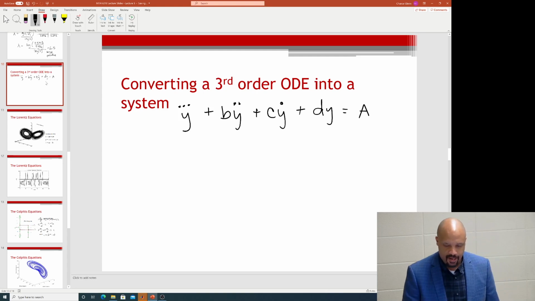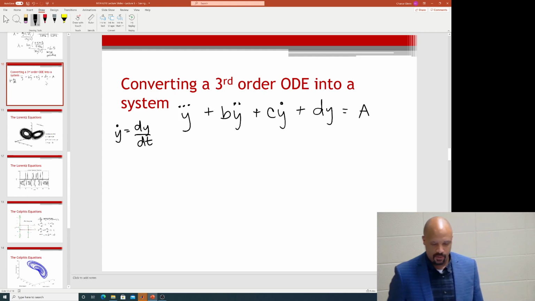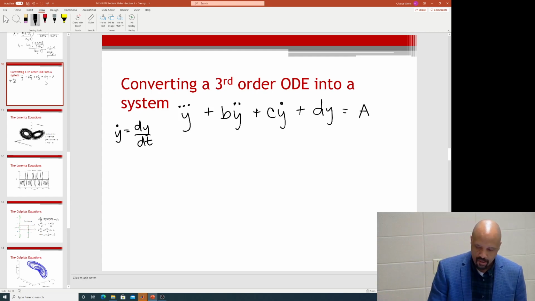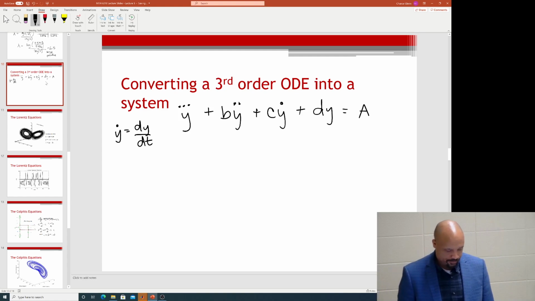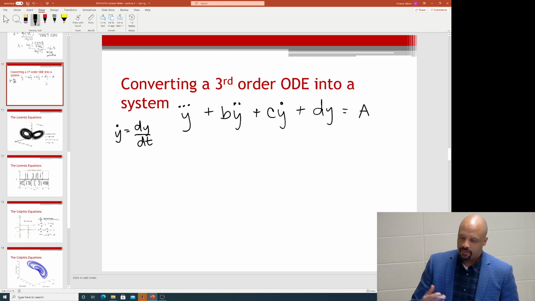Say you have that. Now, just so you know, this y dot is dy/dt, okay? And as you go higher, it's the second or third derivative. All right, so you started with that, and you wanted to put it into a three-dimensional set of equations.